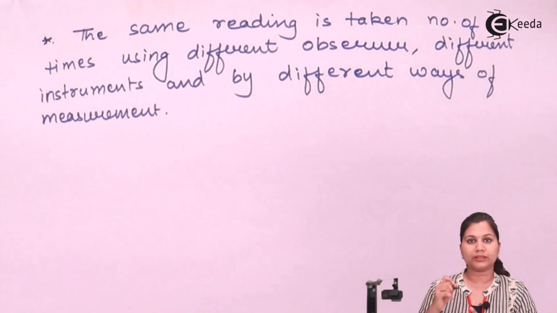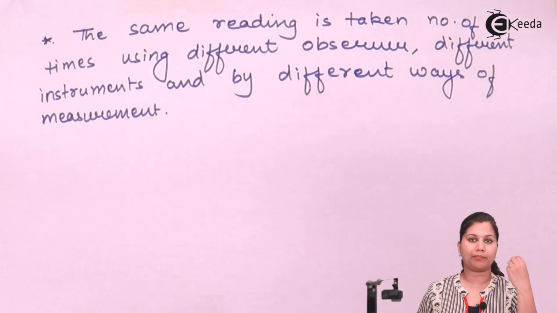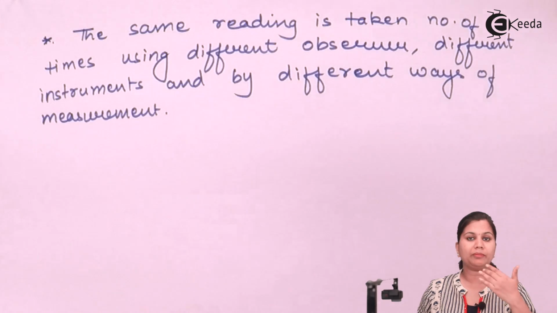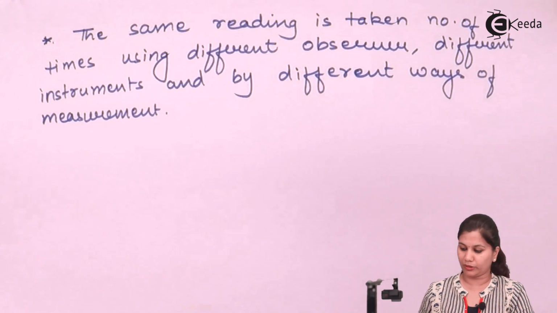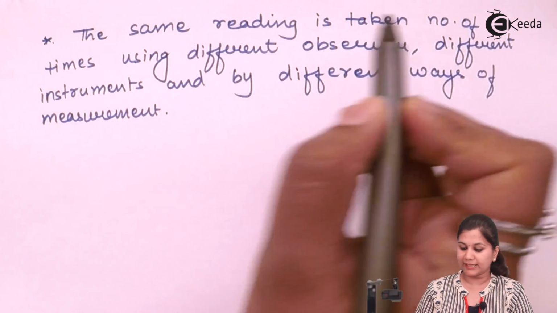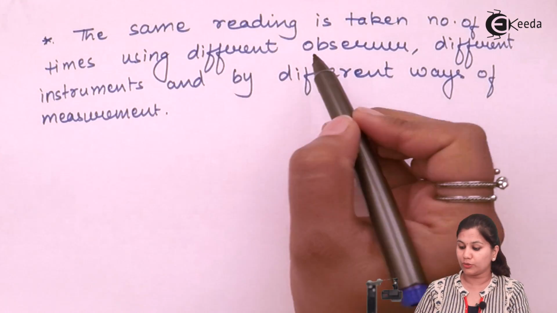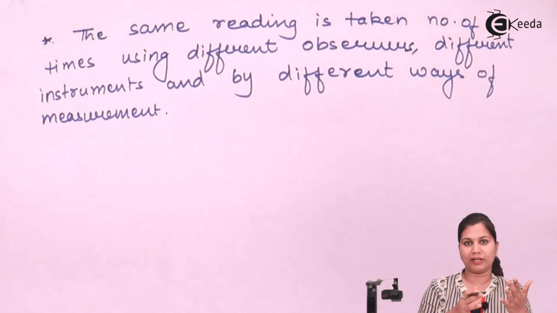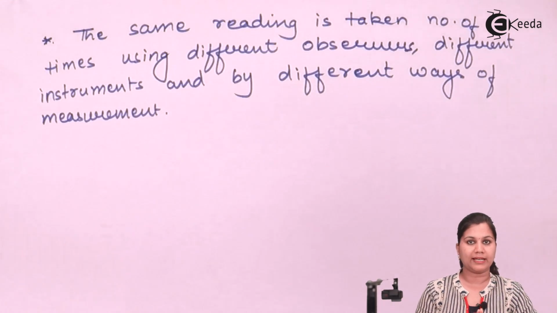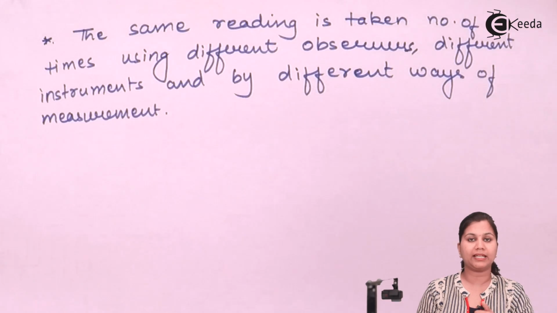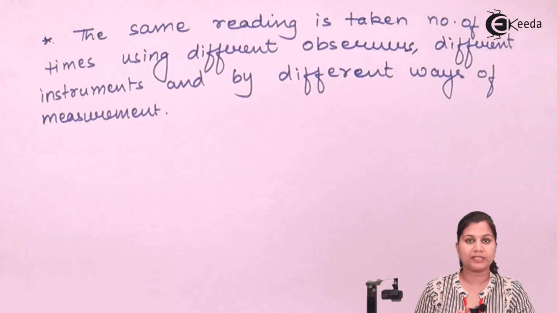Suppose we are measuring the temperature, so the same temperature will be measured again and again, using different observers. Suppose one time observer 1 is taking the reading, next time the next observer is taking, third time another observer.